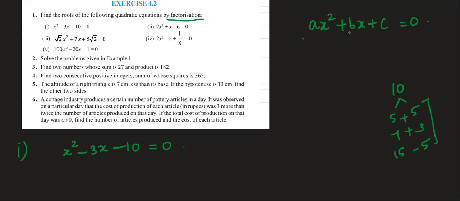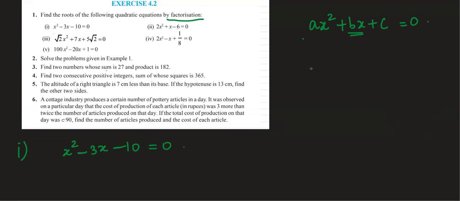So same thing I'm going to do for the middle term. I'm going to split it into 2 terms. Now, how do I know which 2 numbers to select, which will be correct for this question? To find the correct 2 numbers, we'll have to follow one simple technique.